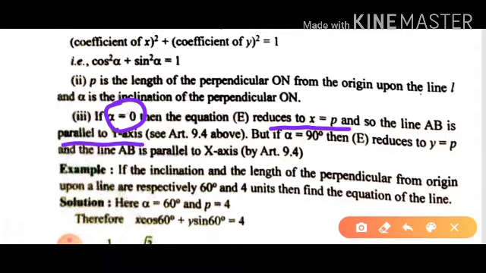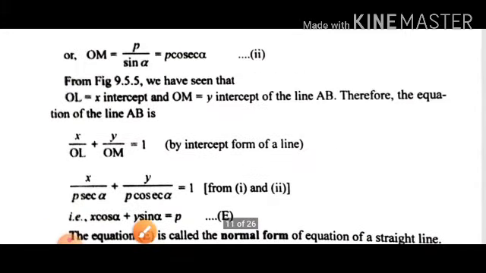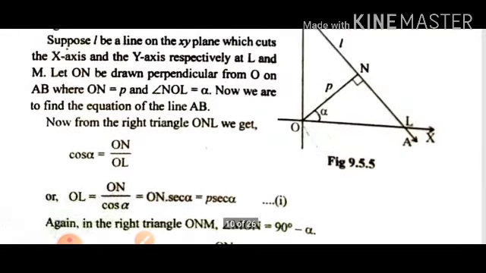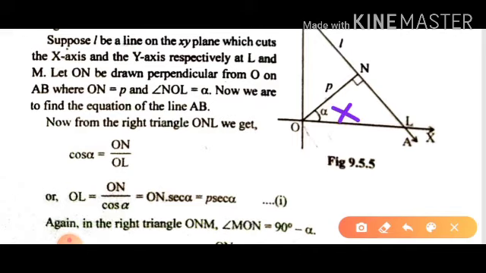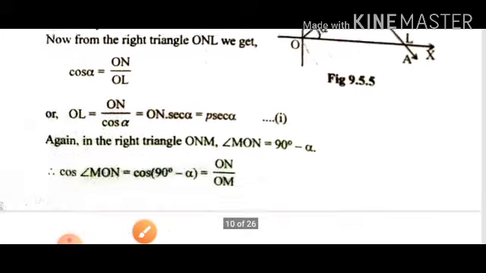And when alpha is equal to 90 degrees, it reduces to y equal to p, and it will be parallel to the x axis. Like this, that will be equal.